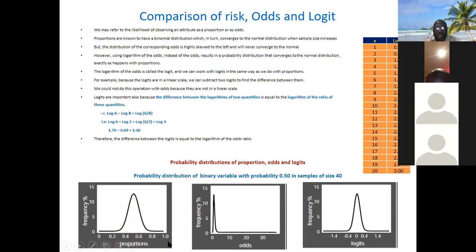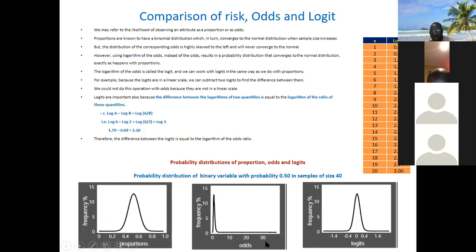But look at the odds. It cannot follow a normal distribution. Look at the graph of the odds. It peaks here and flattens out. The scale for probability is 0 to 1, it cannot be greater than 1, while the odds is 0 to infinity. That's why there's no end to the scale here.